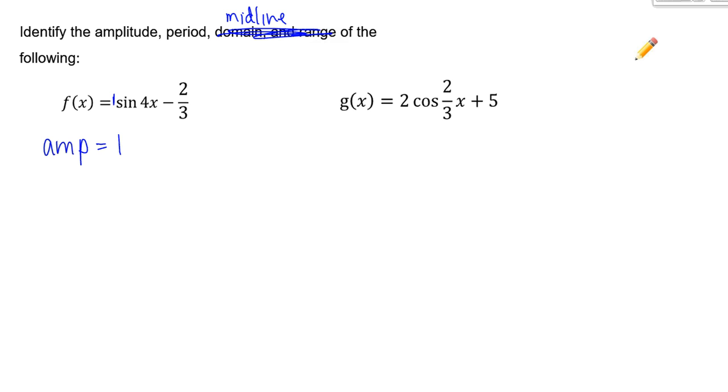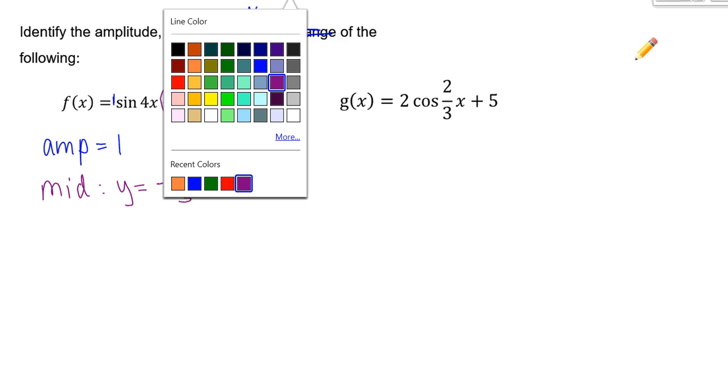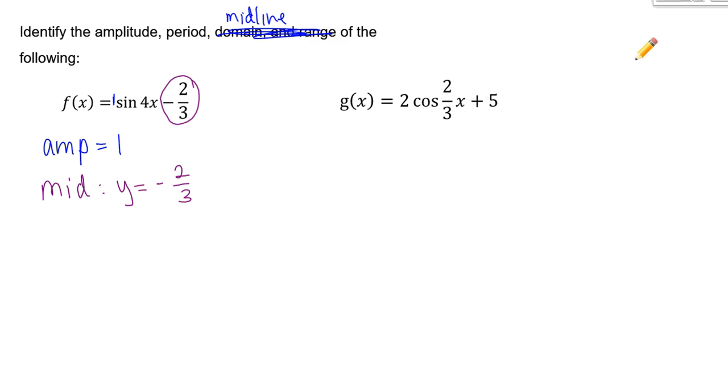Okay, let's go next with midline because that's the second easy one. It's going to be y equals, and then it's just this number that's being added or subtracted on the outside. Right, then we've got period. Period is 2 pi divided by b. In this case, that b is a 4, which equals pi halves. Done.